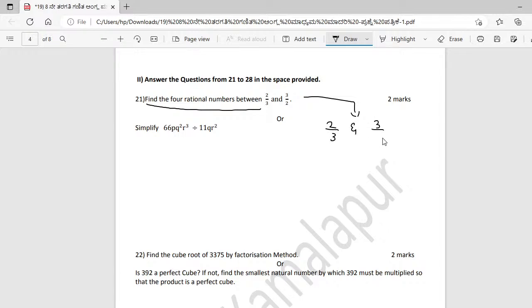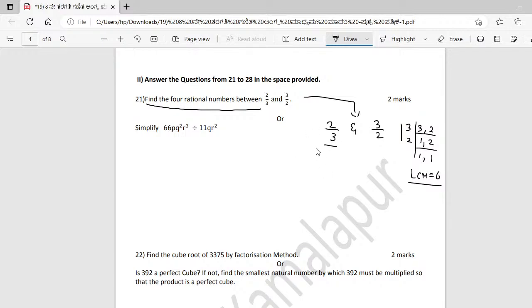Take out the LCM of 3 comma 2. 3 and 2 do not go in any common table, so we go with the individual numbers: 3 ones are 3, and 2 ones are 2. So LCM is equal to 3 into 2, which is 6. That is our LCM.